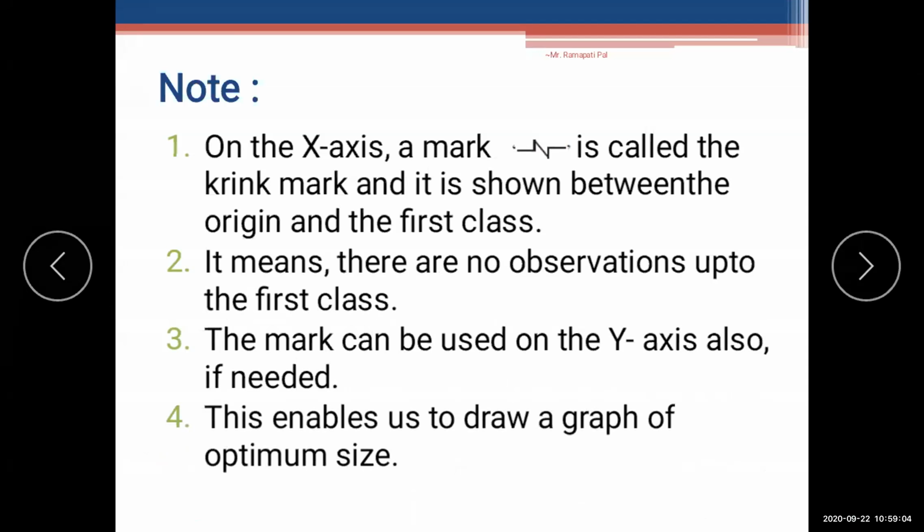This enables us to draw a graph of optimum size. Is it clear? I think up to here you have understood. Sure. Okay, good.